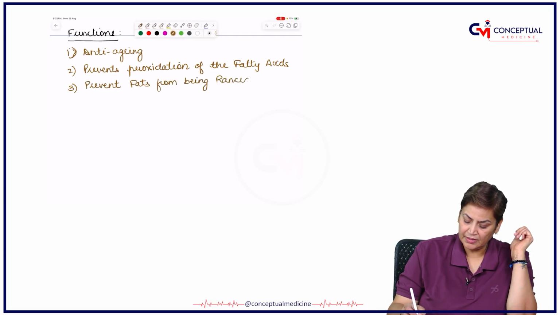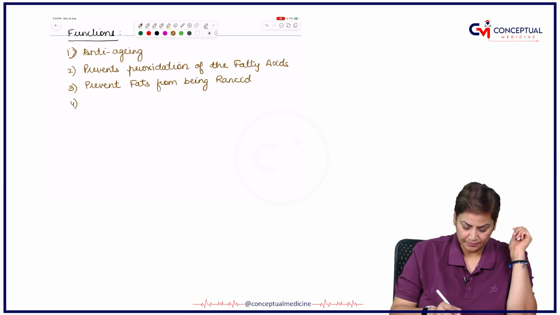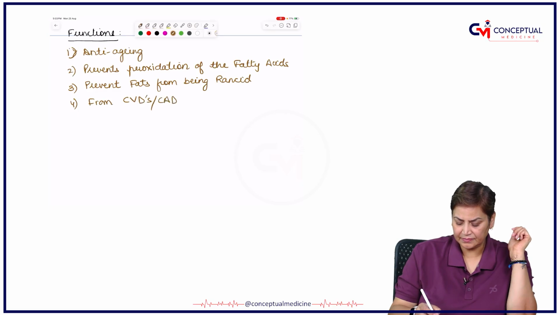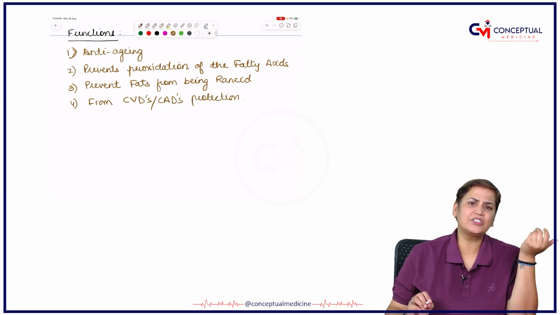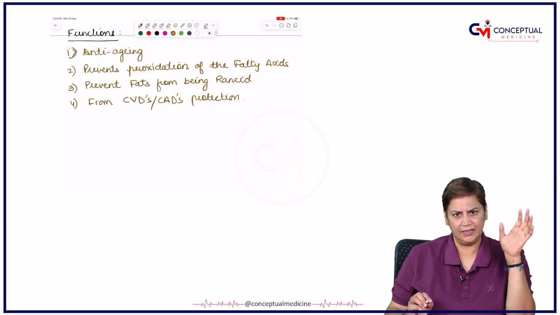Very important, rancid. And then it can protect us from CVDs and CADs. Right. So these are some of the functions of vitamin E.